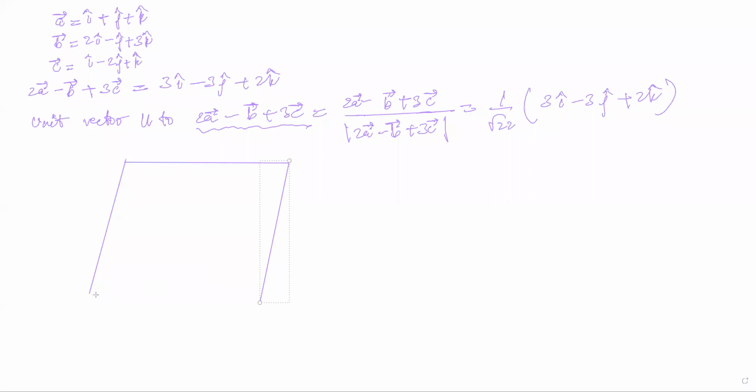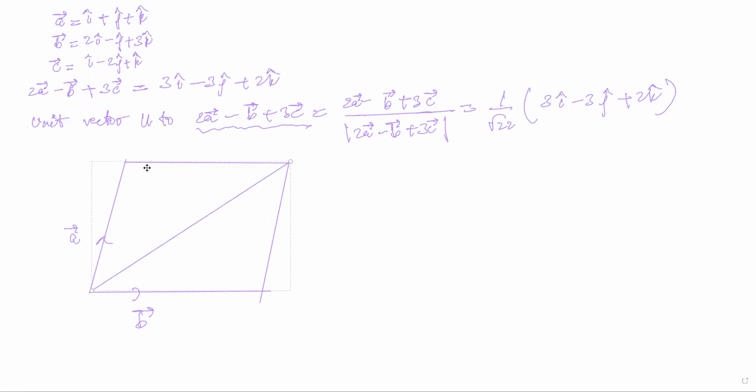You have to find both of them. Let's say this side is A, which is given to you, and this is the B side. You have to find a unit vector which is parallel to its diagonals.